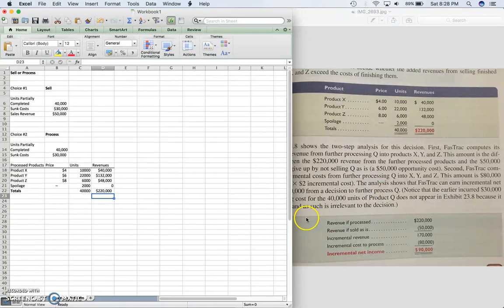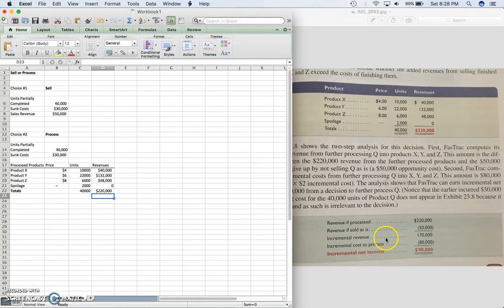Over here, as we see in the book, this is our revenue that we just calculated, $220,000. We have to subtract the revenue that we would have made, which is our opportunity cost, sold as is, which would be $50,000 to X Corp. You have to subtract that from our revenue because we're losing that money.